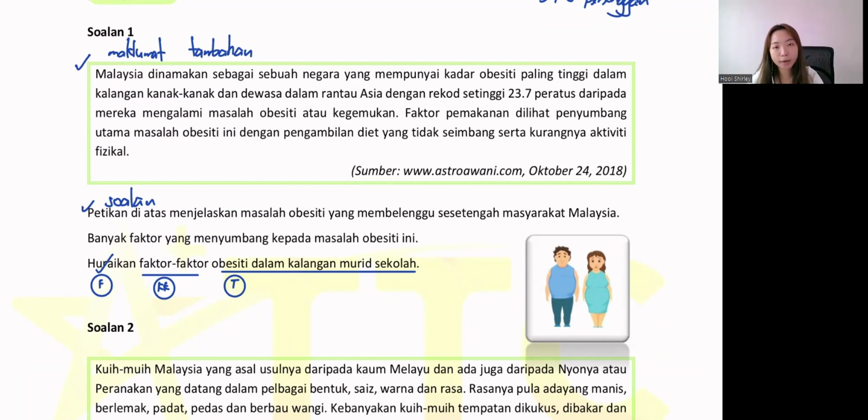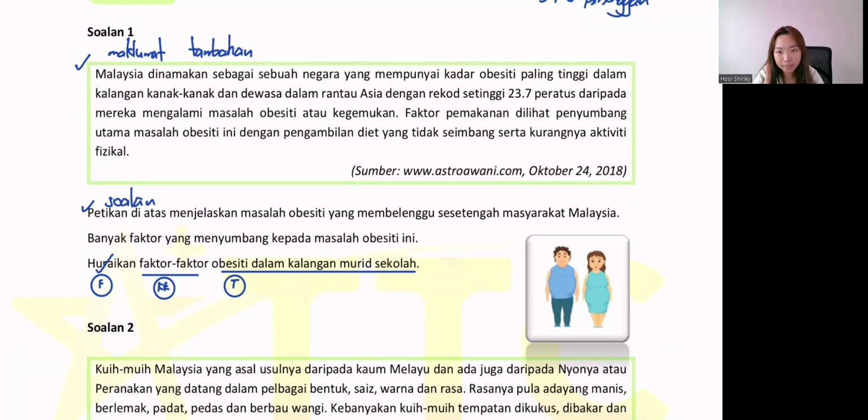Right now, we need to look at the maklumat tambahan to see if there are any faktor-faktor or not. Malaysia dinamakan sebagai sebuah negara mempunyai kadar obesiti paling tinggi dalam kalangan kanak-kanak dan dewasa dalam rantau Asia dengan rekod setinggi 23.7% daripada mereka mengalami obesiti atau kegemukan. This is like what? The introduction, pengenalan, no faktor.